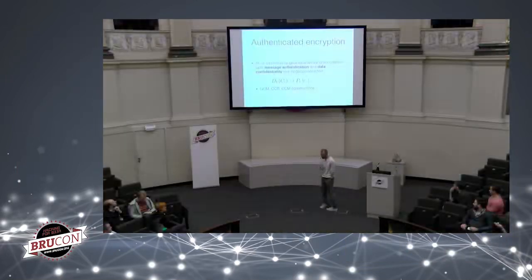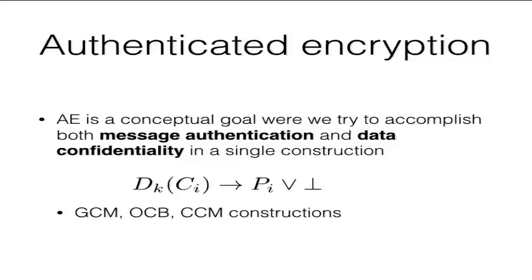So in order to solve for this, we came up with something which is called AE, which stands for Authenticated Encryption. So AE is a conceptual goal where we try to accomplish message authentication and data confidentiality in one single construction or one single function.